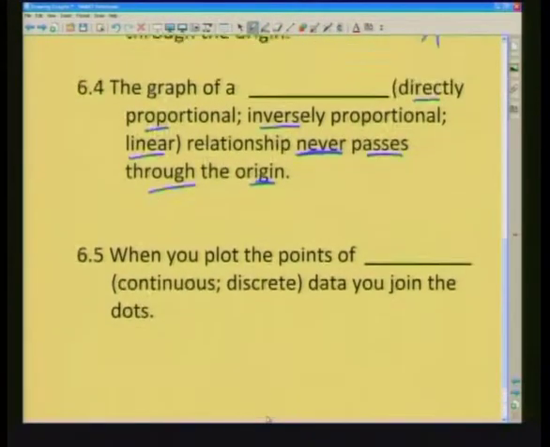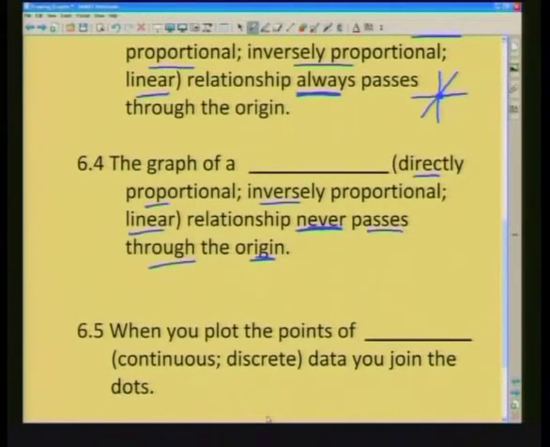If you read over it quickly, you would say, oh, it's exactly the same question, put down the same answer. No. Here, they say never passes through the origin. That will be a graph, as I've shown you in the previous lesson on inversely proportional graphs. They never pass through the origin. So it would be the graph of an inversely proportional relationship. Inversely proportional relationships will never go through that point 0, 0.